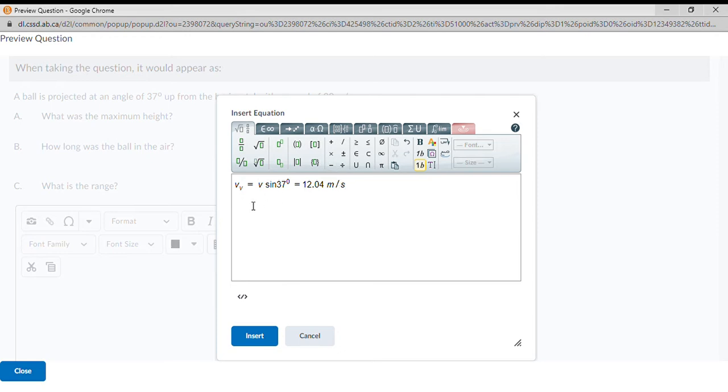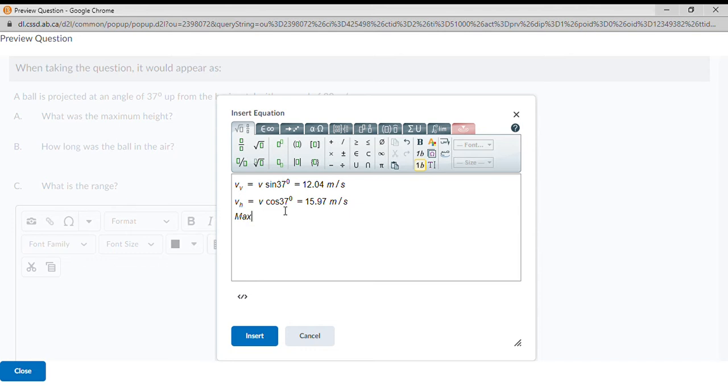And then you can even copy and paste it and change it. When we are solving the horizontal component of the velocity, we figure it out as v times cosine 37, which after you use your calculator will be 15.97 meters per second. So this will be the prior work.